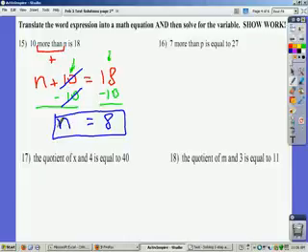Now, question is on number 17. The confusing word for some of you may be the quotient. What does the quotient mean? Well, the quotient is the result of a division problem. So what we're saying is x and 4, in other words, x divided by 4.